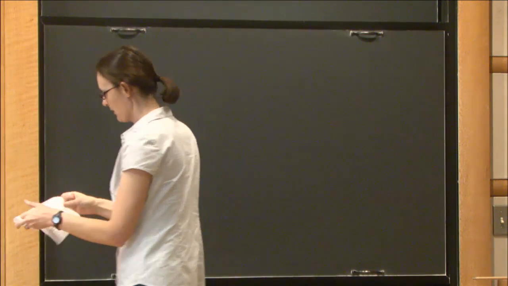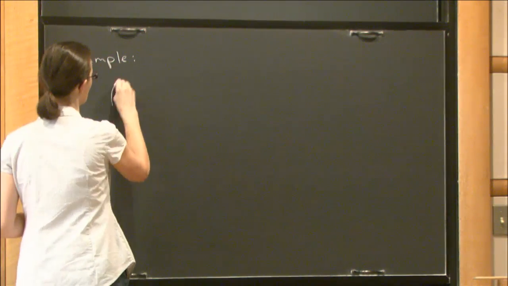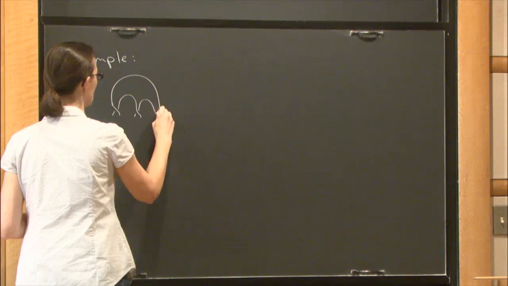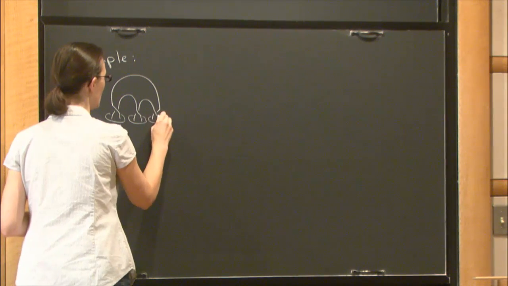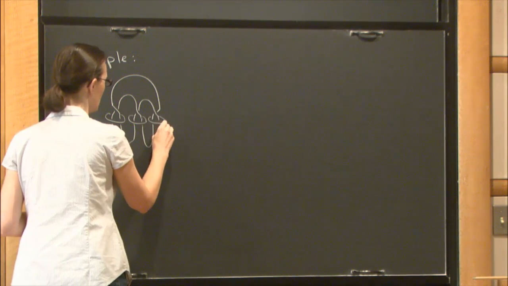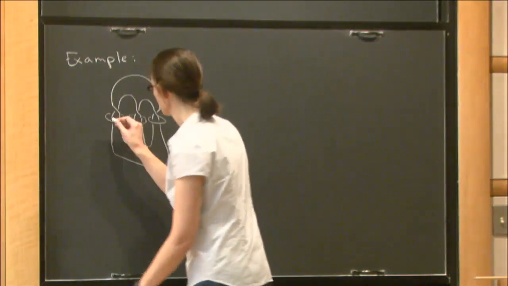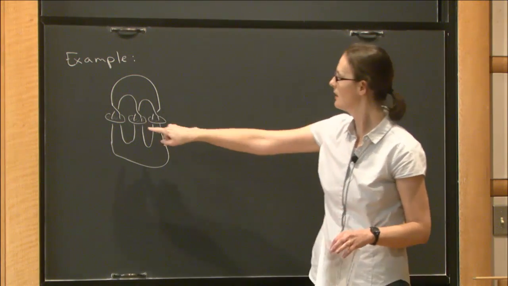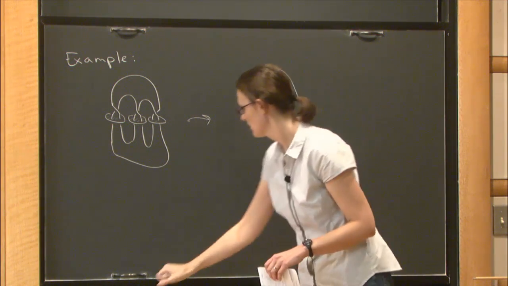So let's do an example really quick. Okay, so here is a fully augmented link. And so my stages are, first I'm going to shade crossing disks. And I'm going to cut through those and unwind.